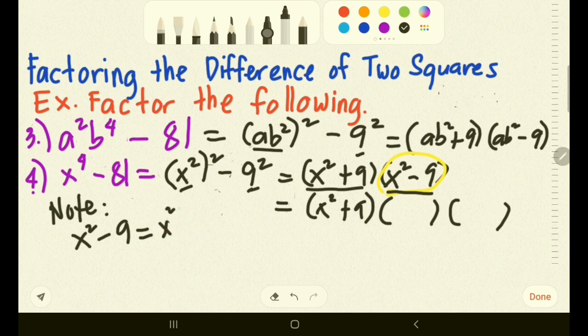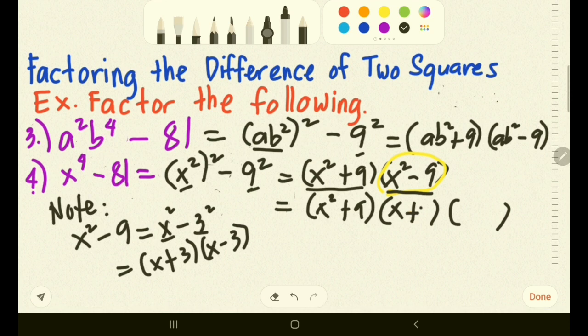You have x squared, and 9 is 3 squared. So get the base, x, the second binomial x, then 3, the base for the second term, plus 3 minus 3. So you have here x plus 3 and x minus 3.